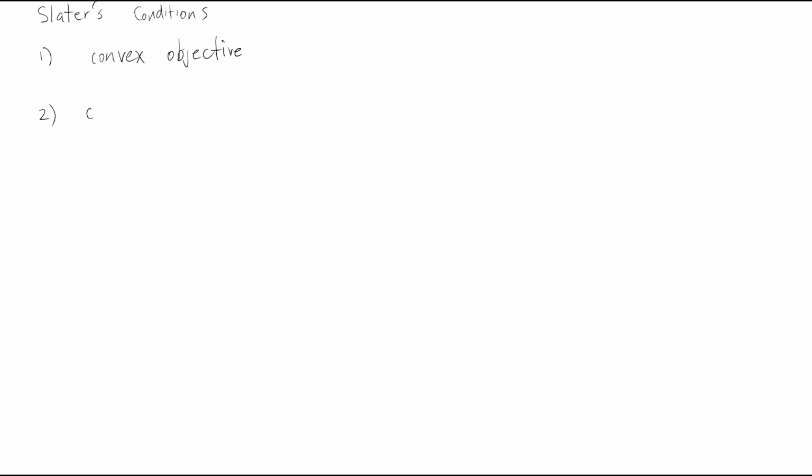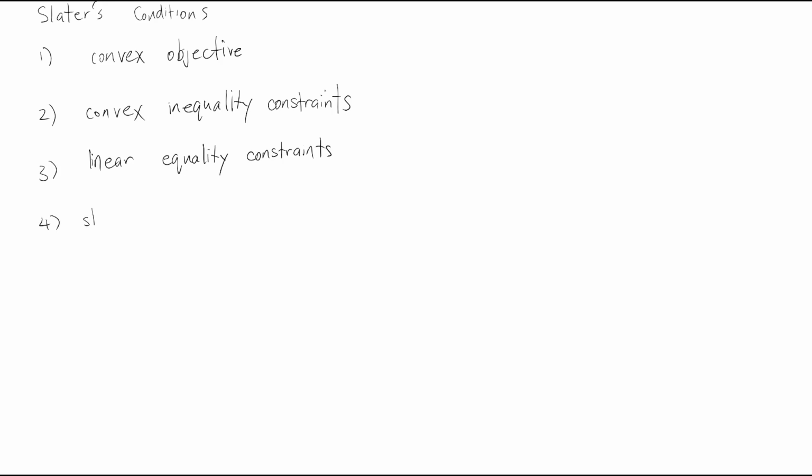Second, convex inequality constraints. Third, linear equality constraints. And lastly, strictly feasible solution. So what this really means is that there exists a strictly feasible solution. So we're going to check all of these.